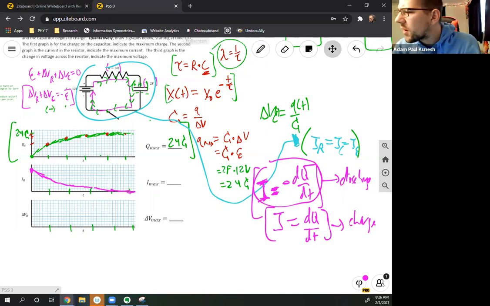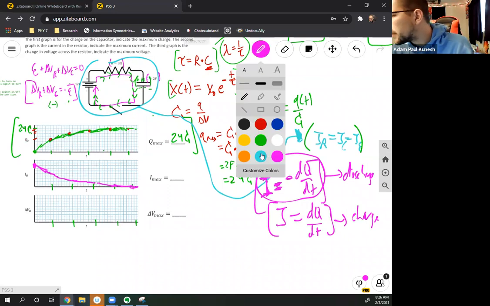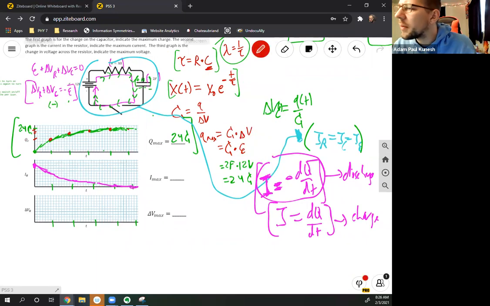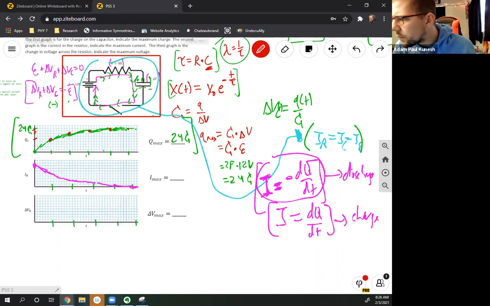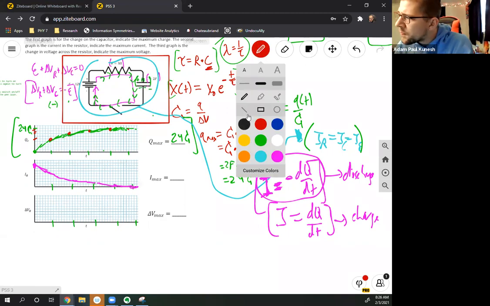So if I want to talk about the maximum current, now I have to think about my circuit a little bit more intuitively, using a little bit more of my basic, quote, basic physics knowledge. So there's my circuit. I'm going to go ahead and lock everything just in case I need to erase here in a moment. Now, initially, when the capacitor is uncharged, it essentially acts as a wire. It doesn't eat up any of the voltage produced by the battery because it's uncharged.